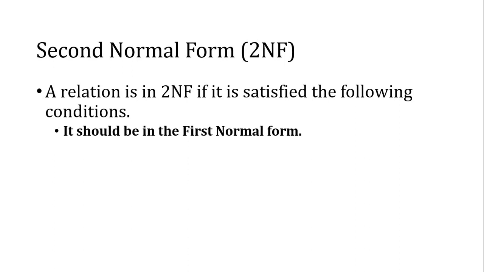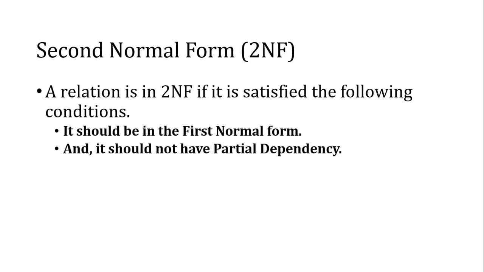What the other rule is: it should not have partial dependency. So what is a partial dependency? Whenever there are composite attributes on the determinant side, if some attribute is deleted and the whole relation is not impacted, that is called partial dependency.